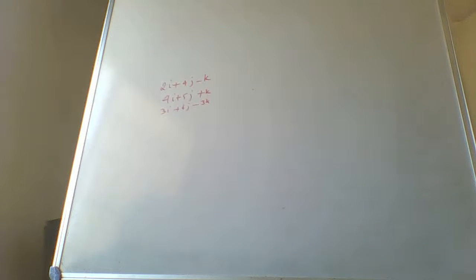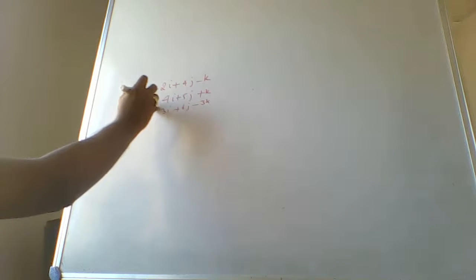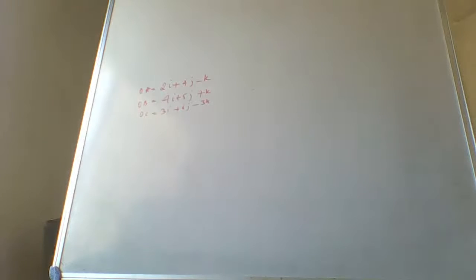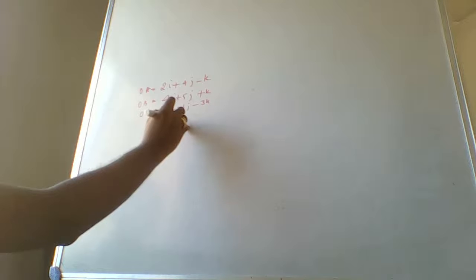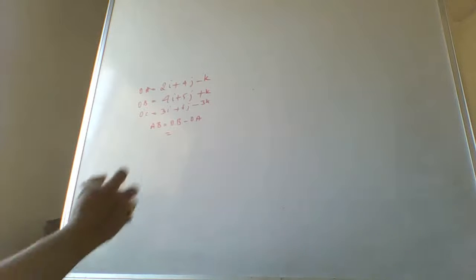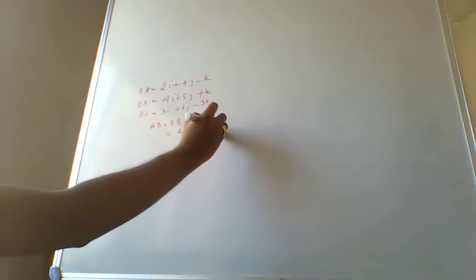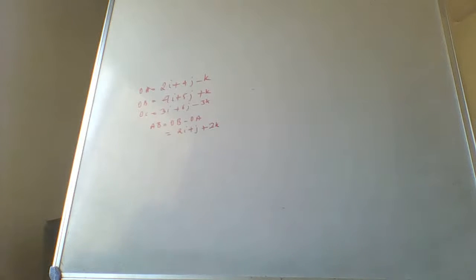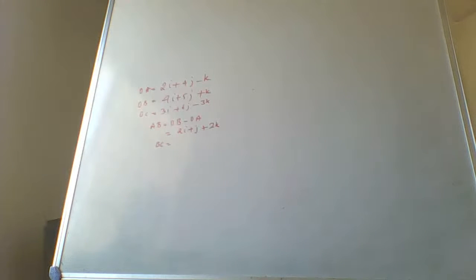Let's find that now. If I consider OA, OB as this, and OC as this, then AB will be OB minus OA. So that would be 2i plus j plus 2k. Fine. BC will be OC minus OB.